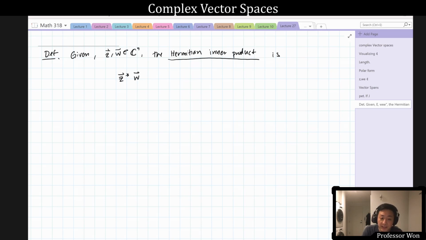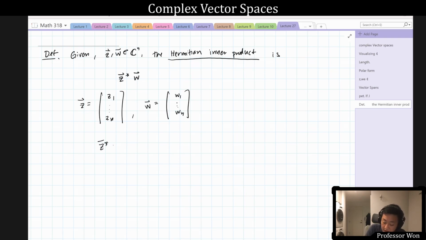If these vectors were real vectors, you would get the dot product because taking the conjugate transpose is the same thing as taking the transpose. Okay, but if we're being extremely explicit and we're writing down the entries of these two vectors in terms of their complex numbers, then this Hermitian inner product here is just z1 conjugate times w1 plus z2 conjugate times w2 plus ... plus zn conjugate times wn.